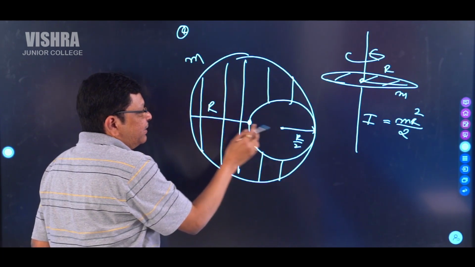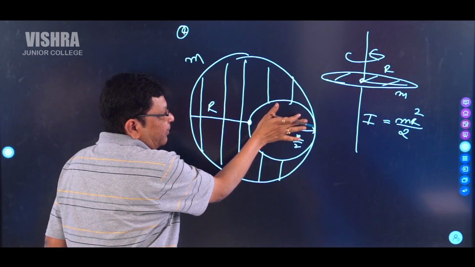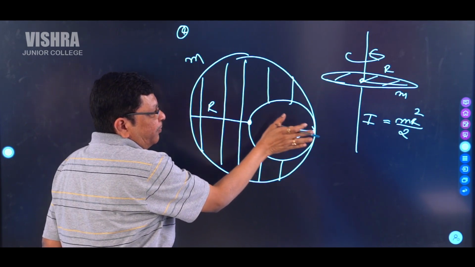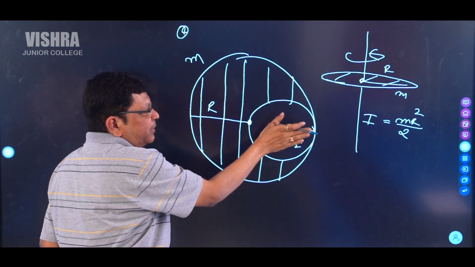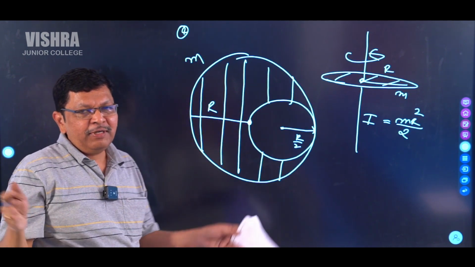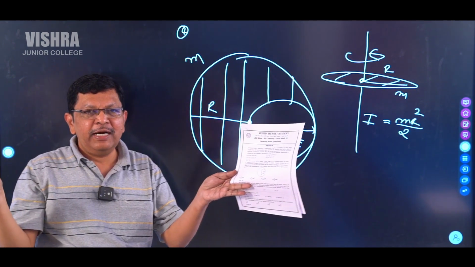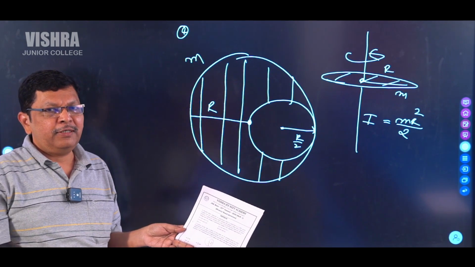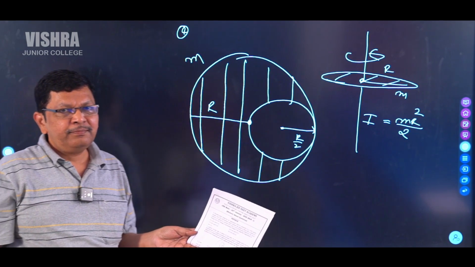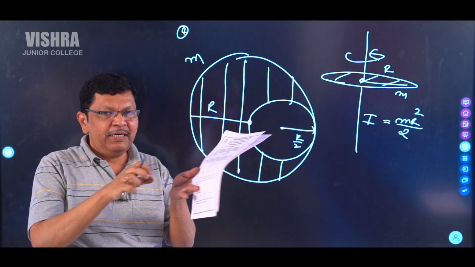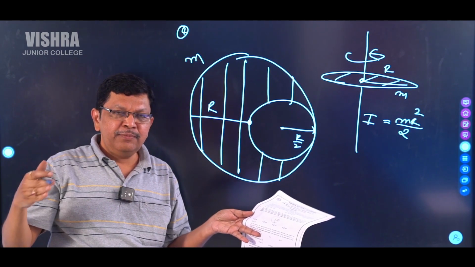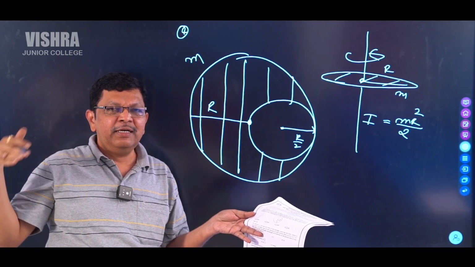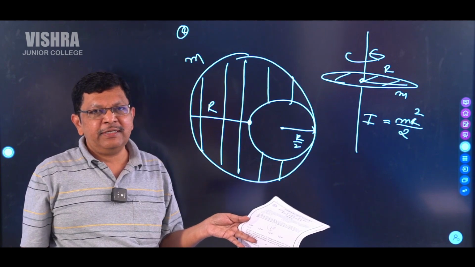Here from the disc this portion is removed. So this portion is removed means the moment of inertia of this portion I have to subtract. When particles are added, we should add moments of inertia like m1r1 square plus m2r2 square and so on. Similarly, when particles are removed, we should subtract the moments of inertia like I1 minus I2 in the same way.